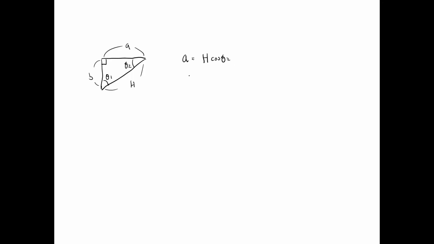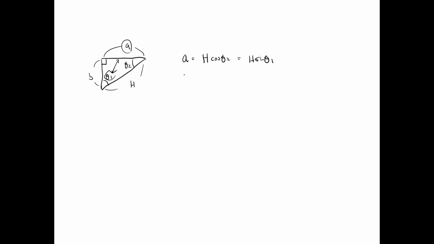Or you can also use theta 1 to find A, right? So hypotenuse first, and because A and theta 1 are opposite to each other, you have to use sine theta 1.